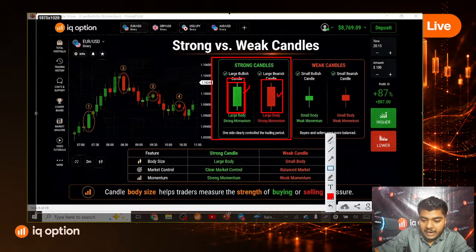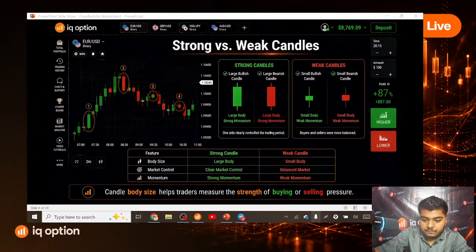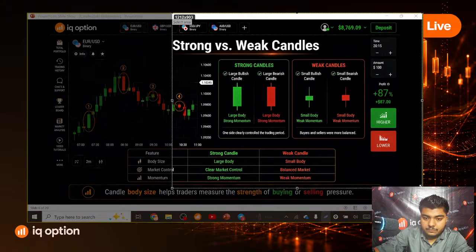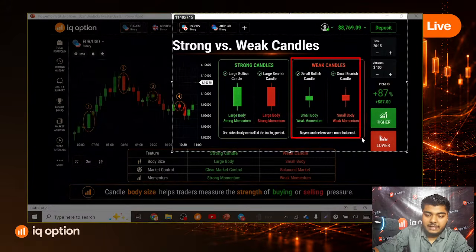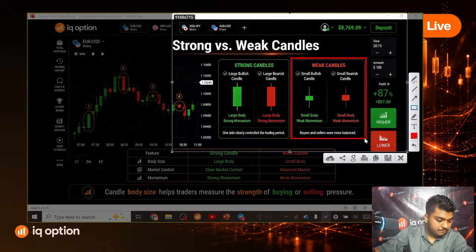And now look at the right. I indicated these as weak candles. These are weak candles because compared to the candles on the left, their bodies are much smaller.